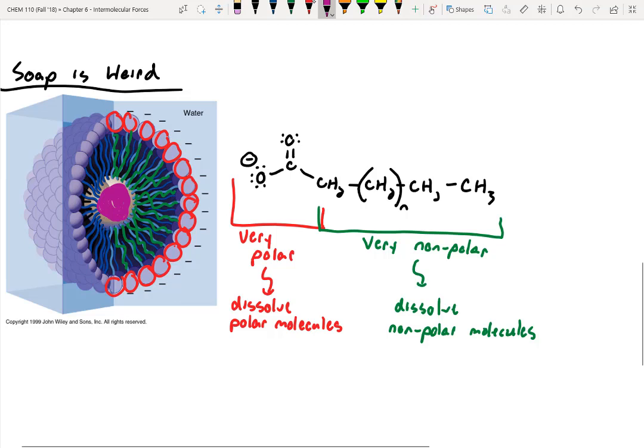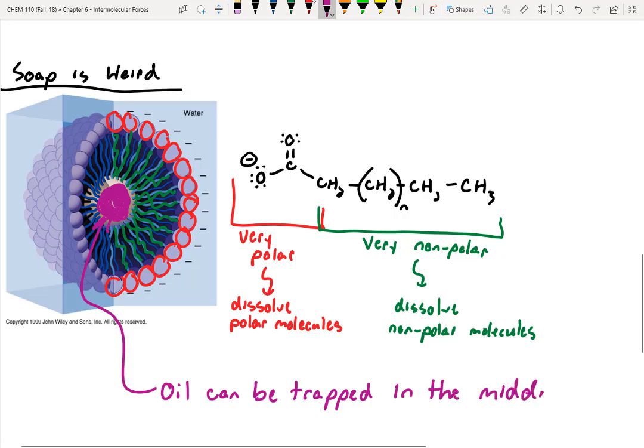So the oil will basically be trapped on the inside of this big sphere shell-like structure. These are often referred to as emulsifiers, meaning they allow two unlike things to mix. So oil and water in this case, you can actually mix together in a soapy solution and form a somewhat homogeneous mixture.